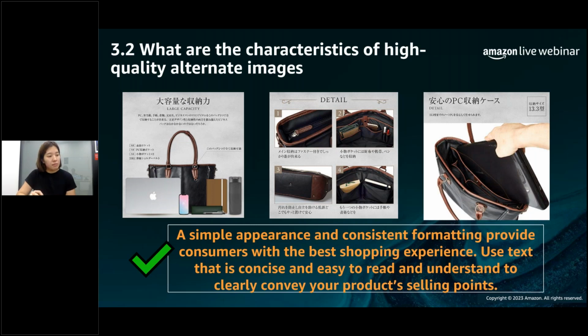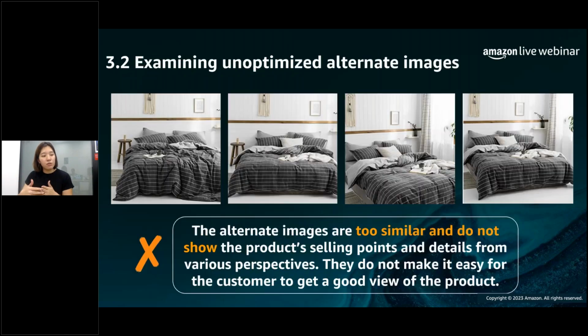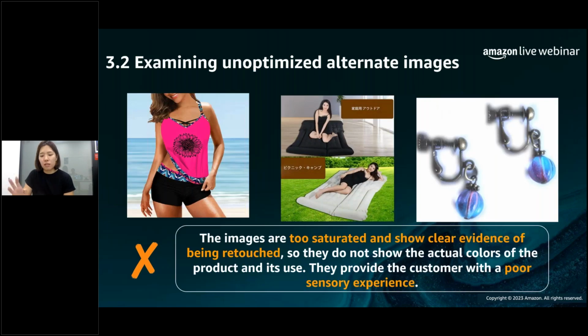That being said, do not use two similar images, because it doesn't add value. If today I'm a customer and I see two similar images, I'd wonder what the difference is, so don't do that. Over here, you see the photos are too saturated, or basically super Photoshopped. Don't do that because it doesn't look nice.